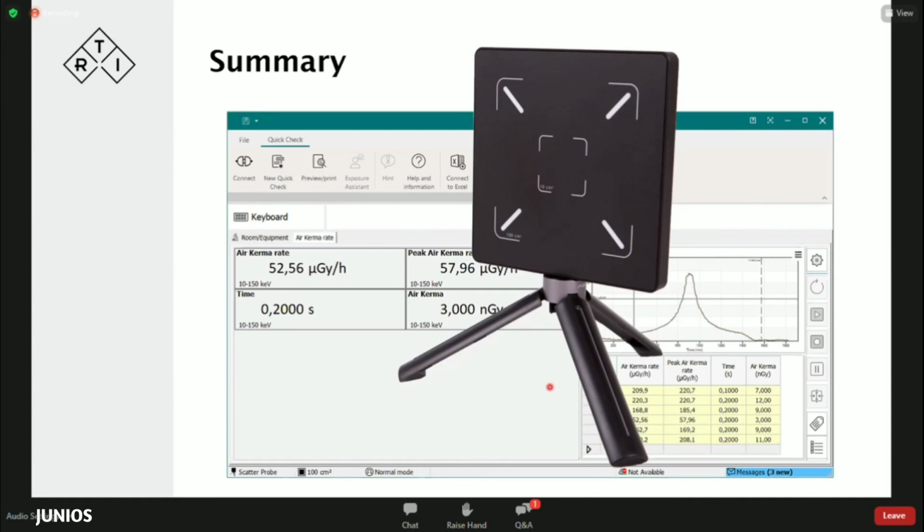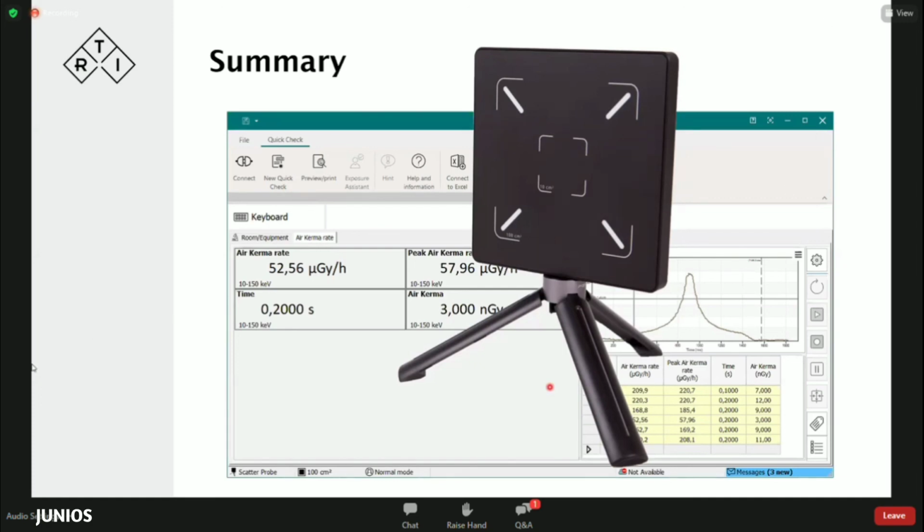Just before we end this presentation, a few notes that we would like for you to remember. The scattering leakage measurements need to be normalized to workload, occupancy, and distance. The leakage and scatter are very low level variations, thus it needs a very sensitive detector to do the job.